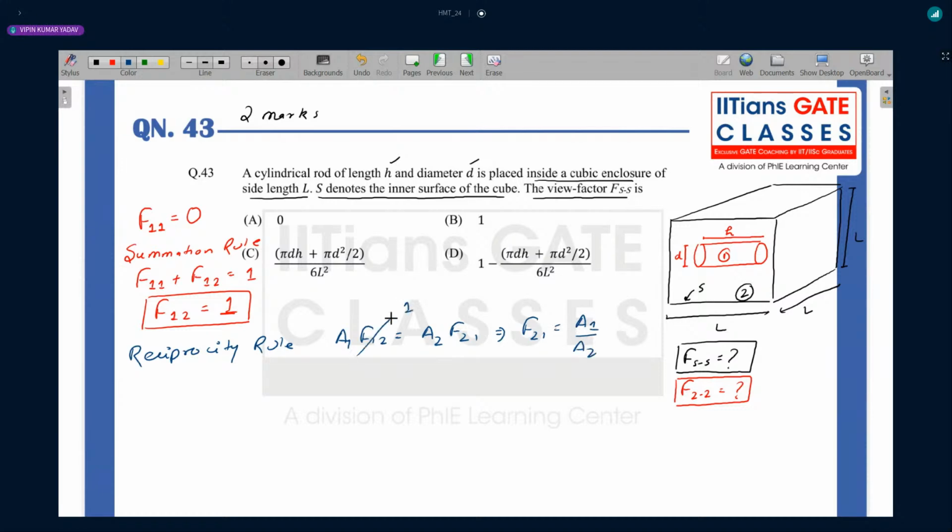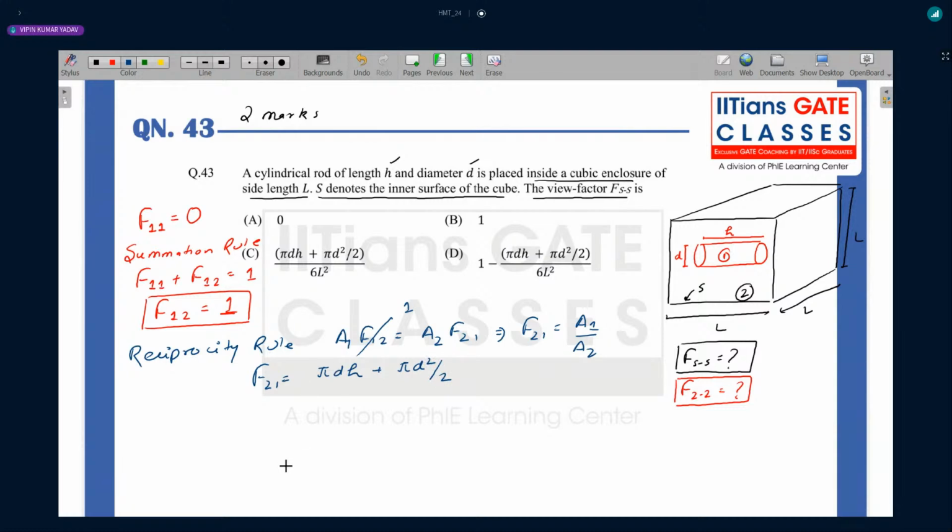Now what is A1? Area of the cylinder. It is pi D H for the outside, and the tube end area is pi D square by 2.